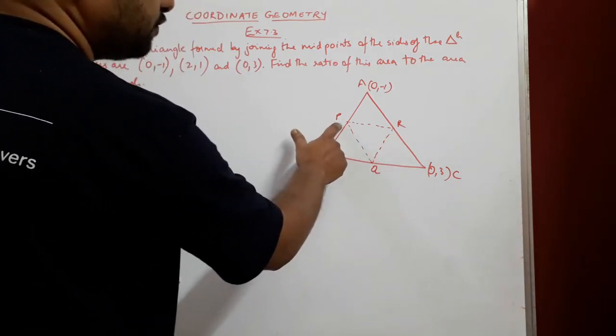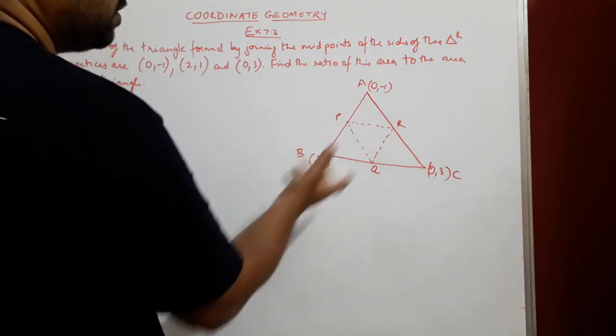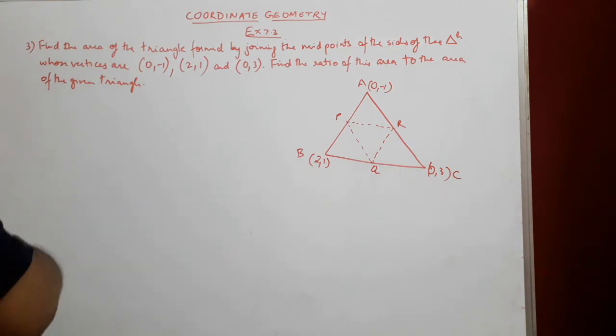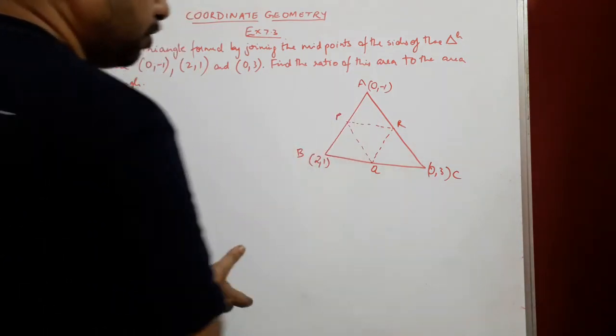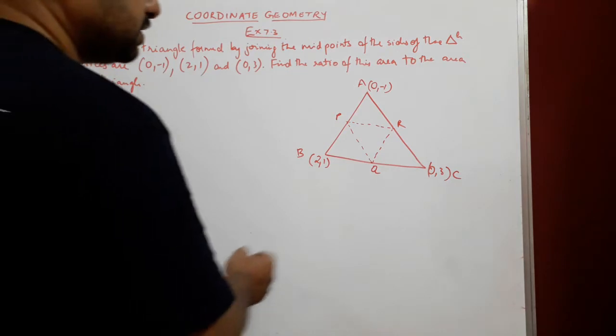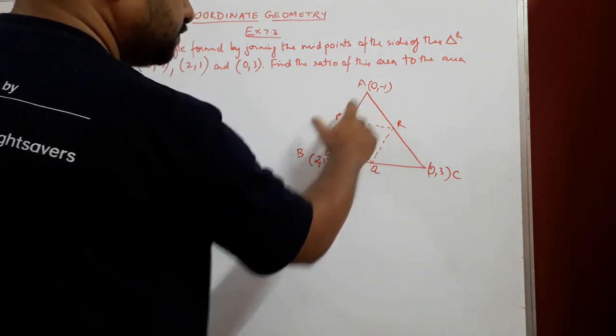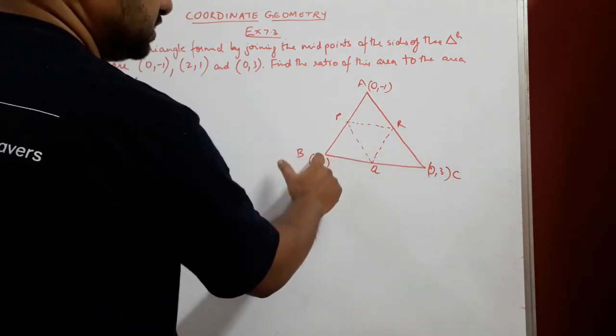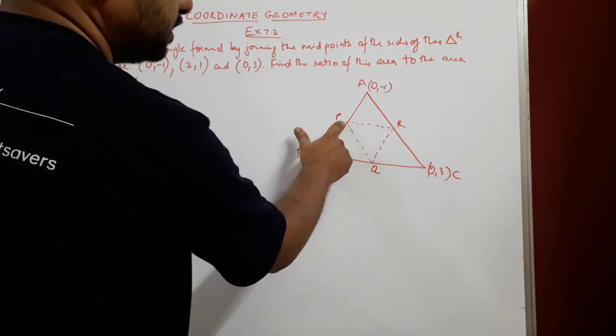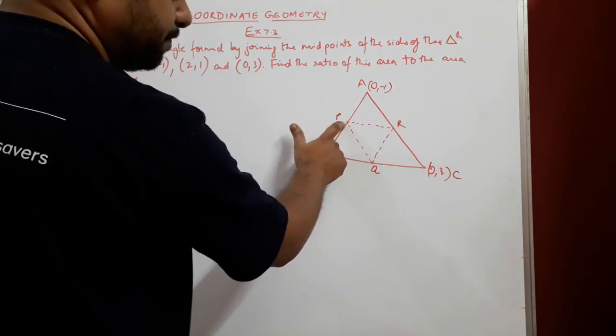For that we'll have to use something called the midpoint formula that we've learned before. In the midpoint formula we make use of two vertices to get the coordinates of the midpoint.